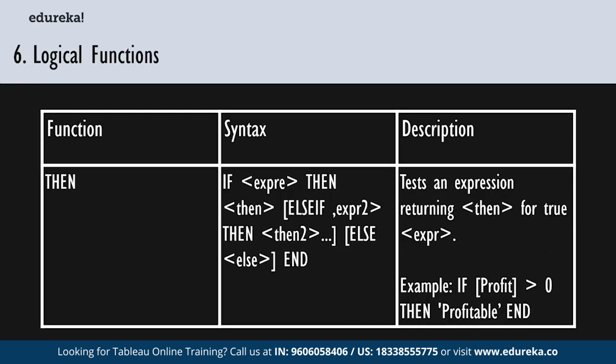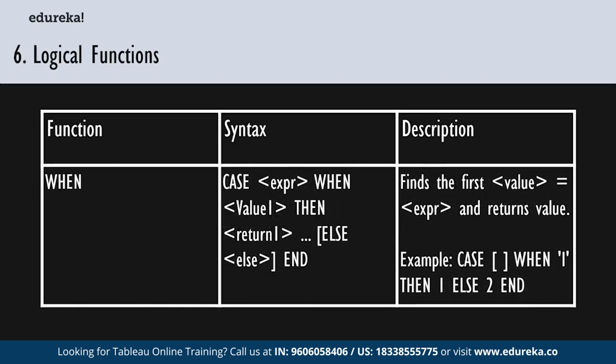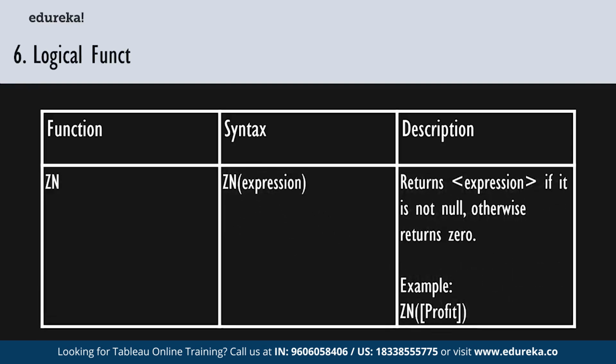If a certain field fulfills a condition, the corresponding then part is then fulfilled. Now here we have a when function, which finds the first value that matches the expression and returns the corresponding return. It's kind of like if and then case, except there is no if. Then you have zn, which returns your expression if it is not 0 or null. We have discussed this before.